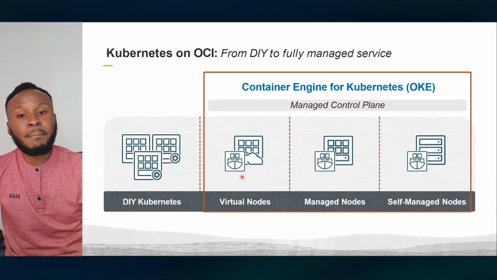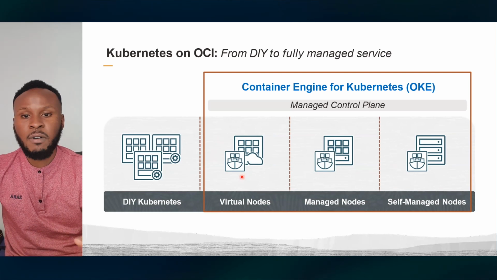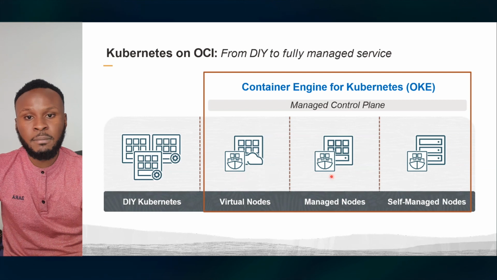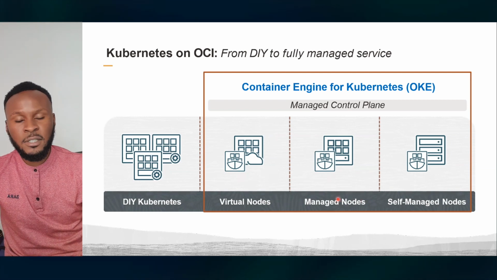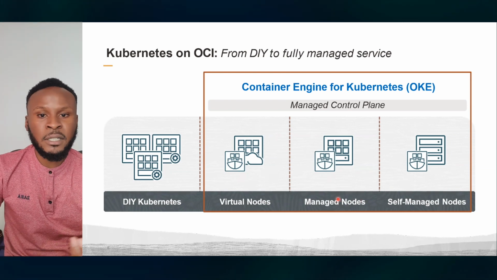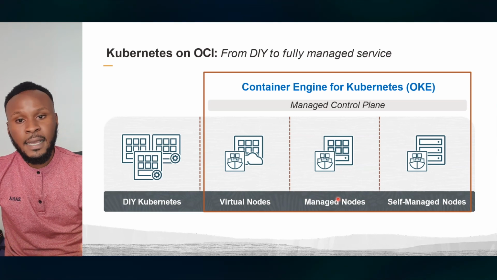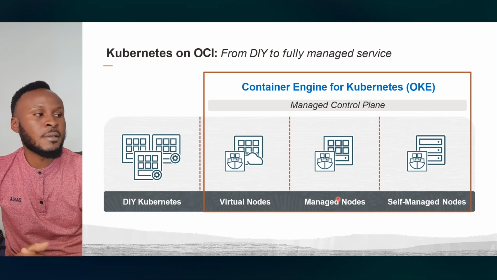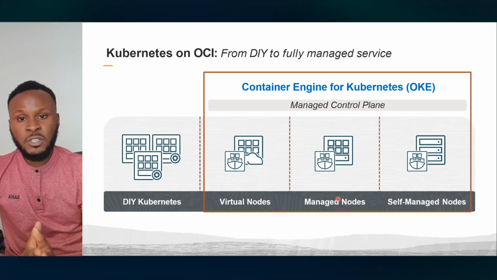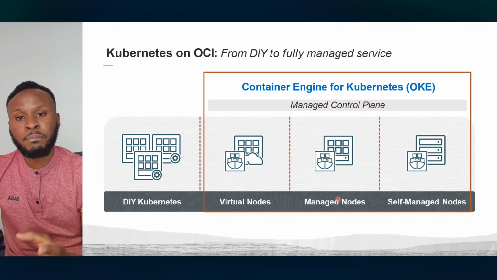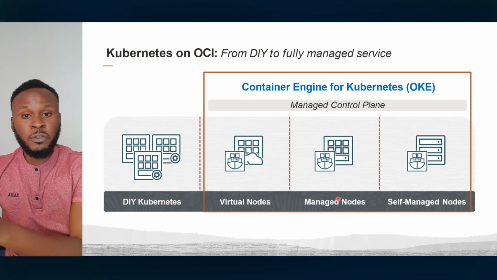And then, of course, for the managed nodes, you have a kind of shared responsibility model where some bit is managed by Oracle and some bit is managed by you when it comes to resource management, scaling, and the likes. And then with the self-managed nodes, this is where you bring your own compute that you've created.